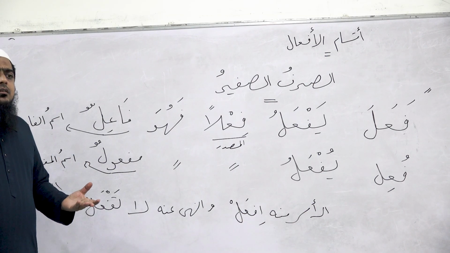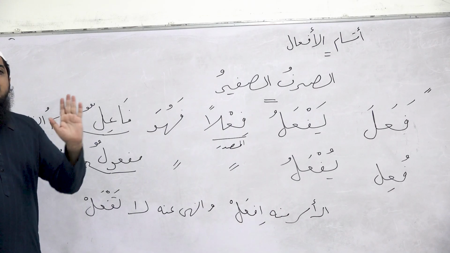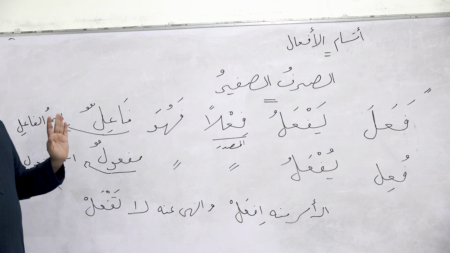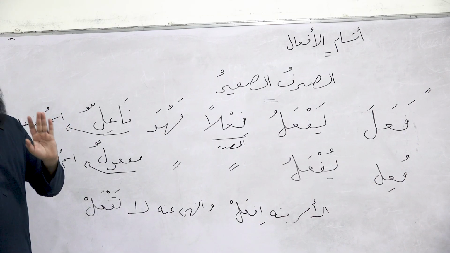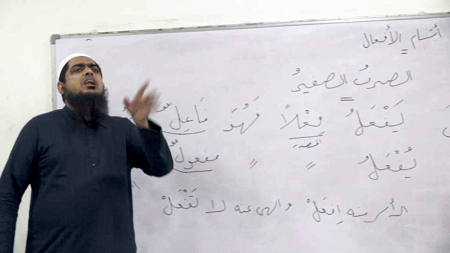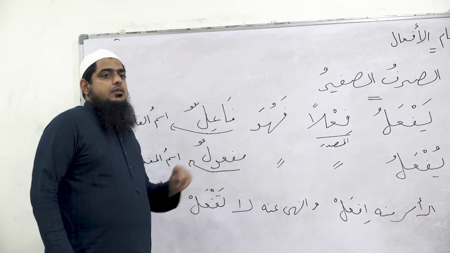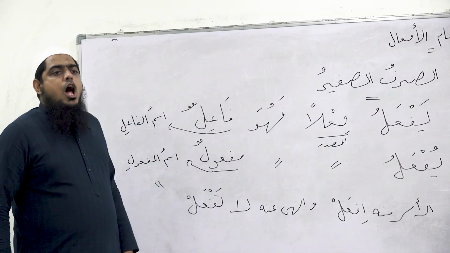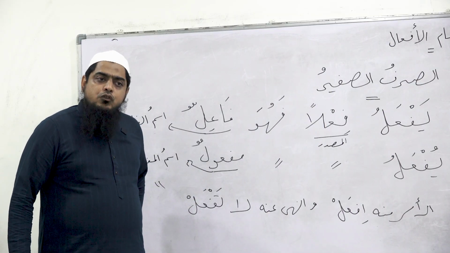What's fa'il? After every fi'l, you have fa'il. That is the formula. Ismul fa'il is something which is in the weight of fa'il. Whatever comes in this weight, in this mizan of sarf, is called ismul fa'il. Qatilun, ismul fa'il.